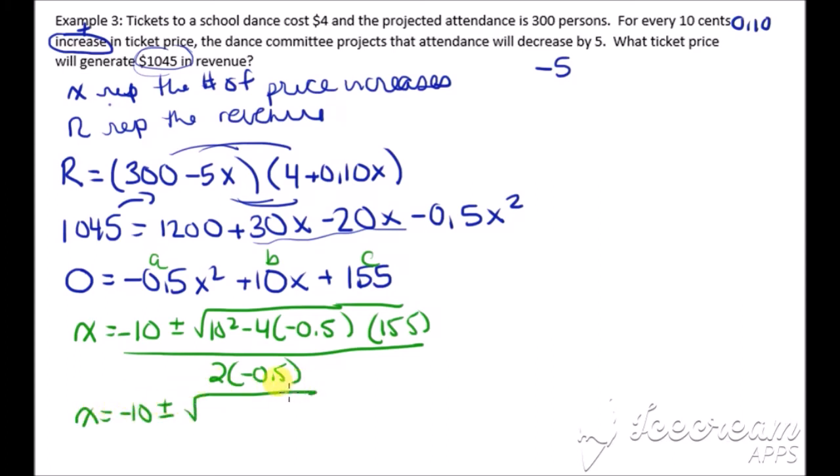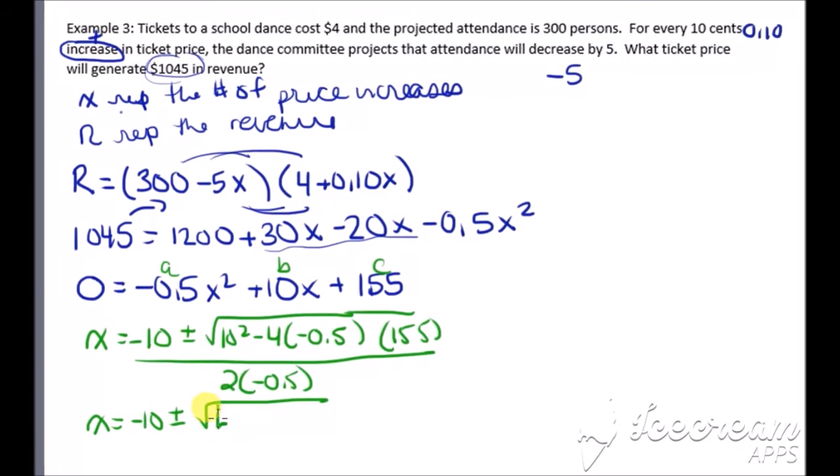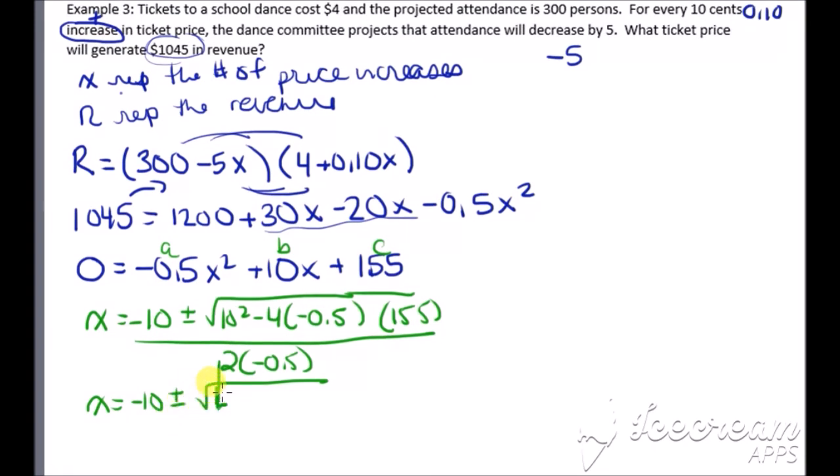So let's go ahead and put that root in our calculators. 10 squared minus 4 times negative 0.5 times 155, I get 410. Over 2 times a half is going to be 1, so over negative 1.